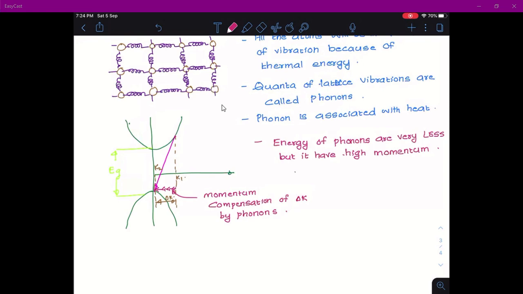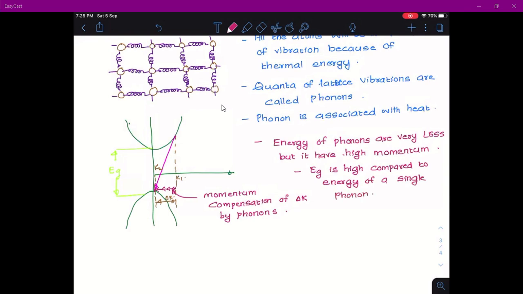So if an electron wants to move across the barrier Eg, Eg is high compared to the energy of a single phonon.